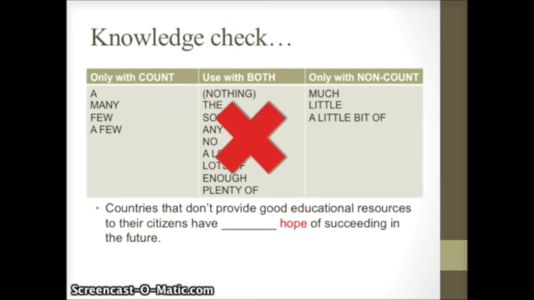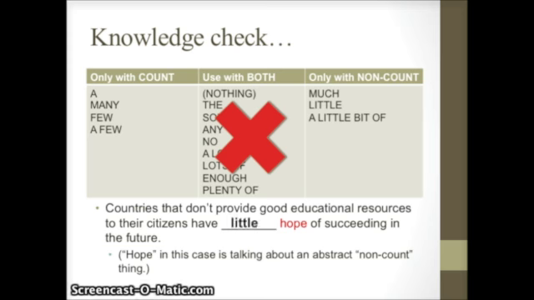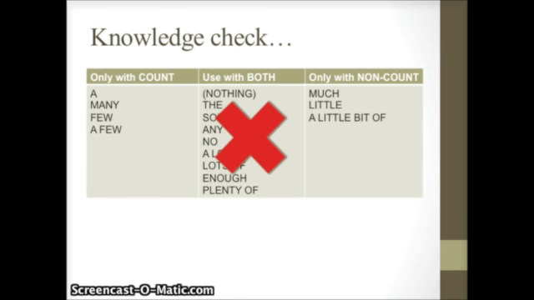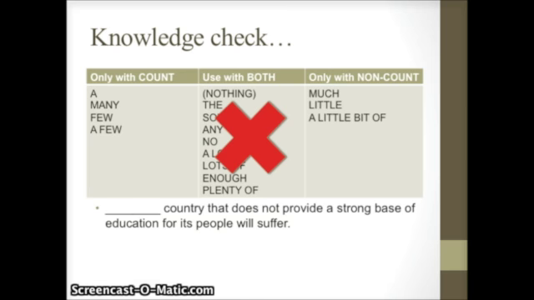Here, hope is referring to an abstraction or a quality which is uncountable. Here's one more. In this case, country refers to a particular country that is not specified, but it is only referring to one single country and is therefore a count noun.